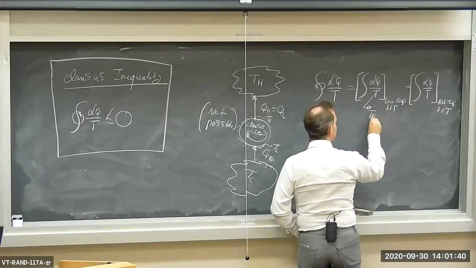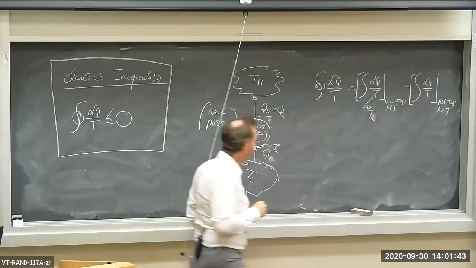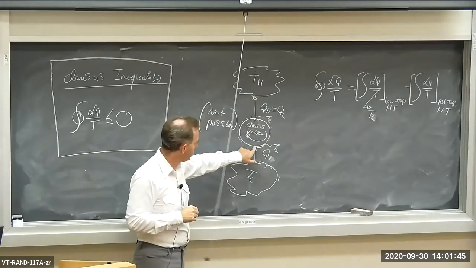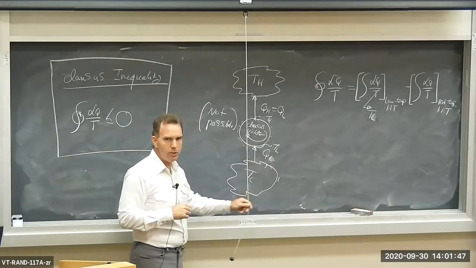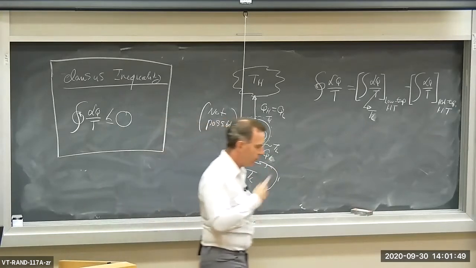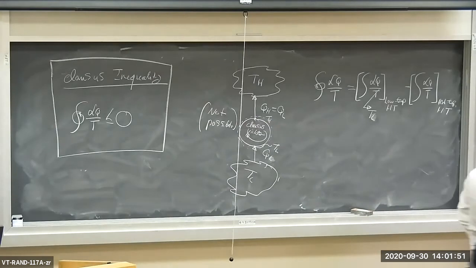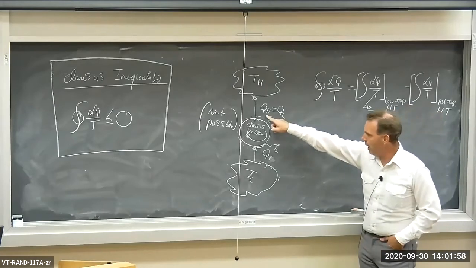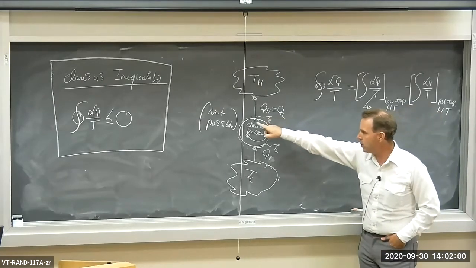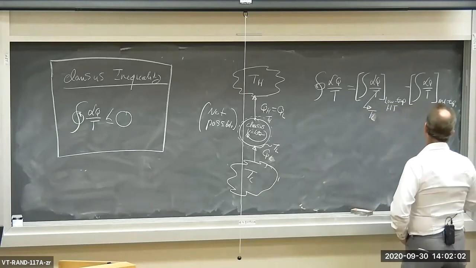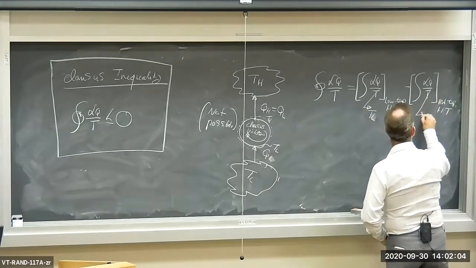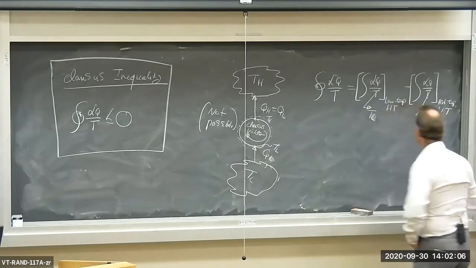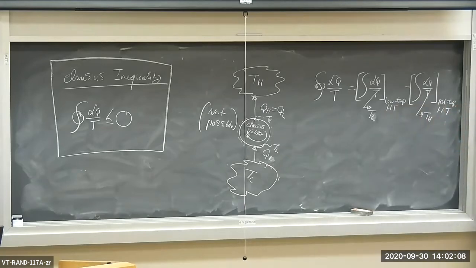The temperature here isn't changing. It's always TL. This thing is running in a cycle. Temperature is always the same. So that temperature down there is TL. At the high temperature heat transfer, QH, the interaction temperature is TH. Okay, and that's constant.